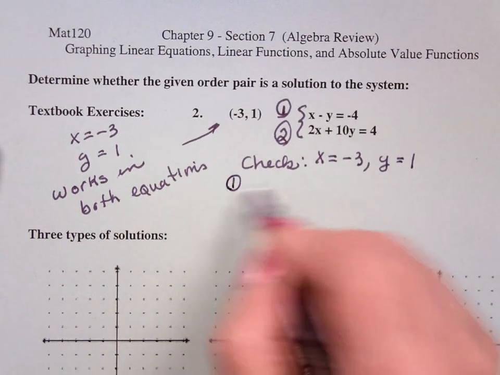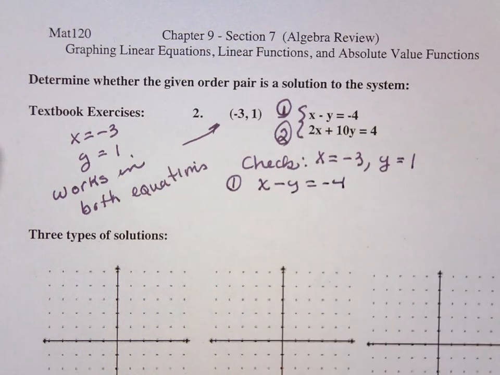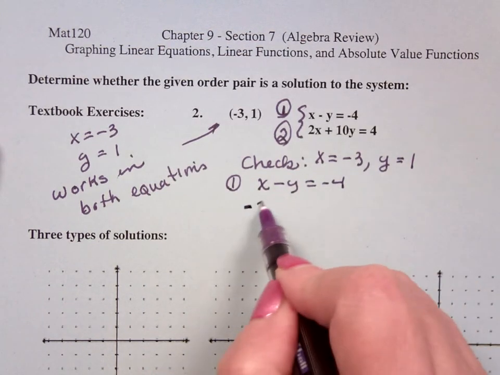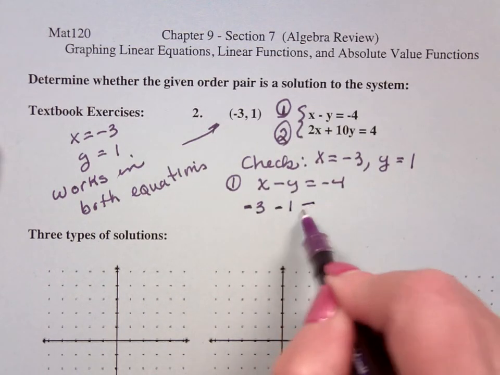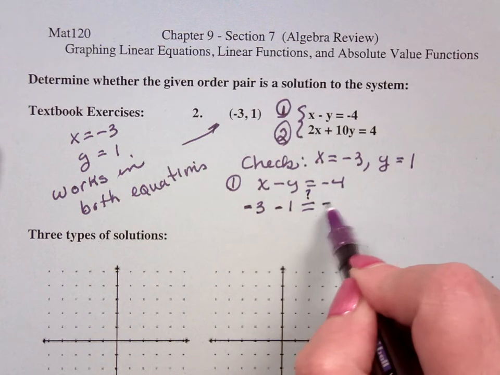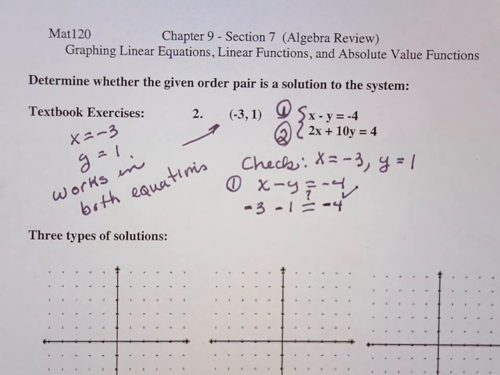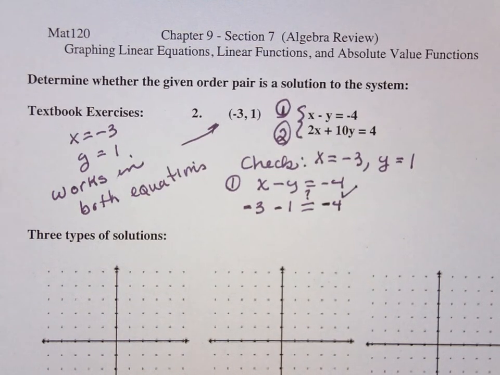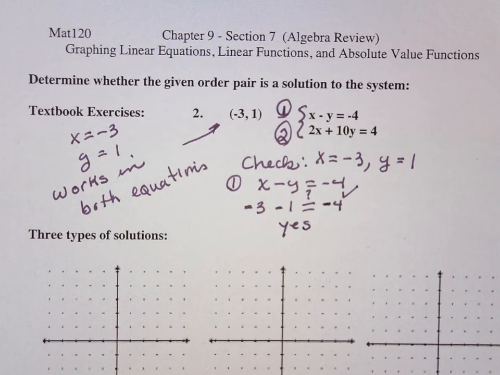If I use equation 1, which is x minus y equals negative 4, that says if I put in x and y, it should equal negative 4. Negative 4 equals negative 4, and it checks. So it is true in equation 1, but it's got to work in both.